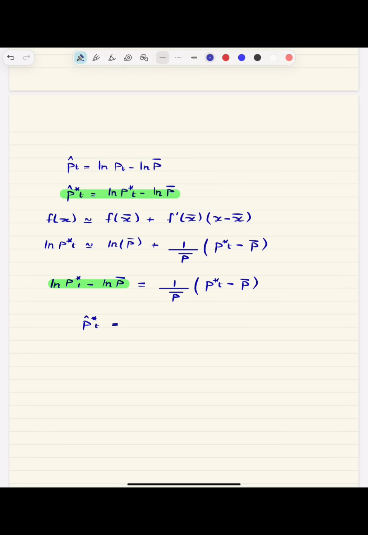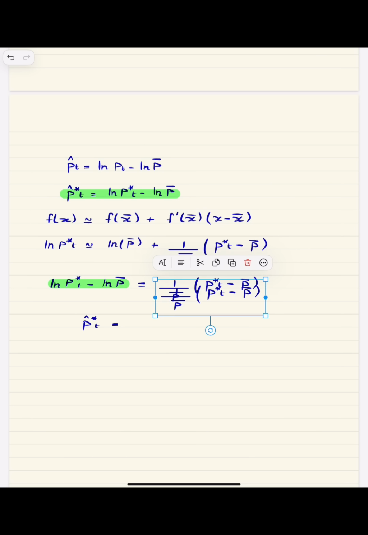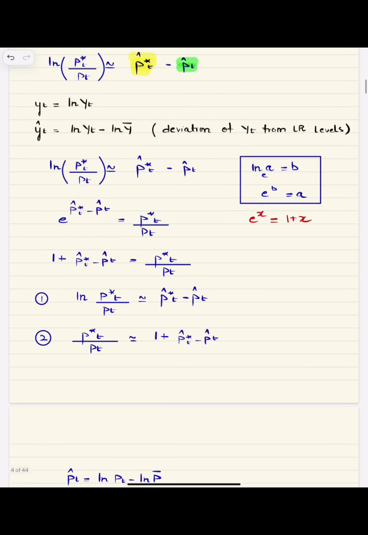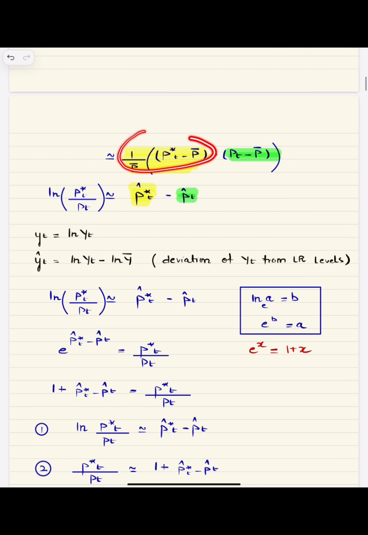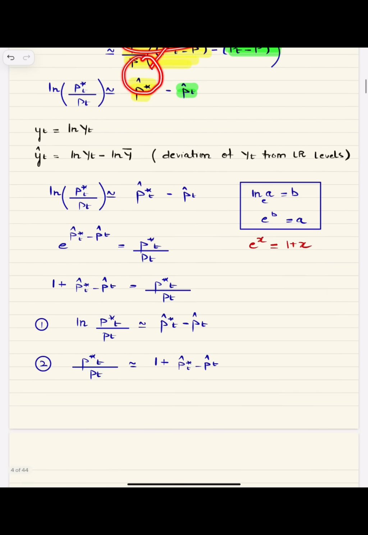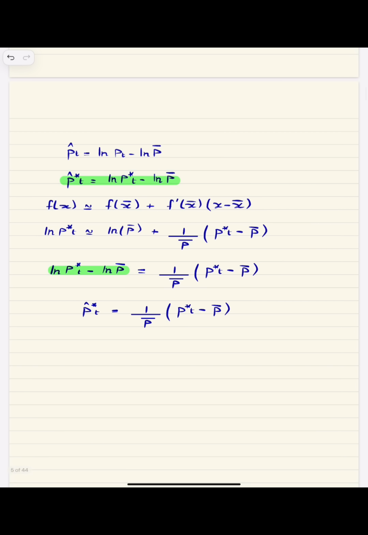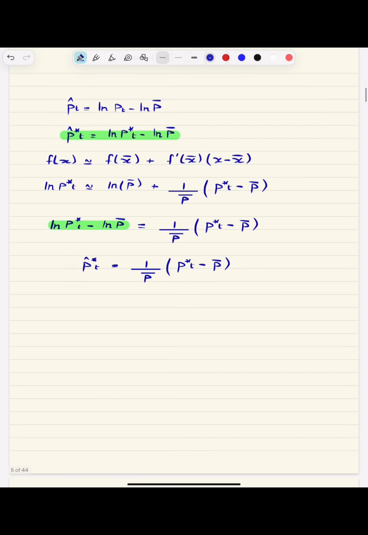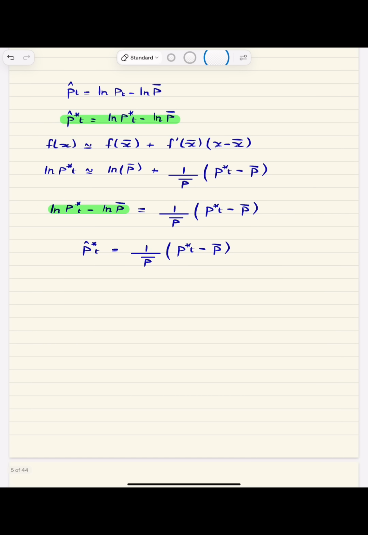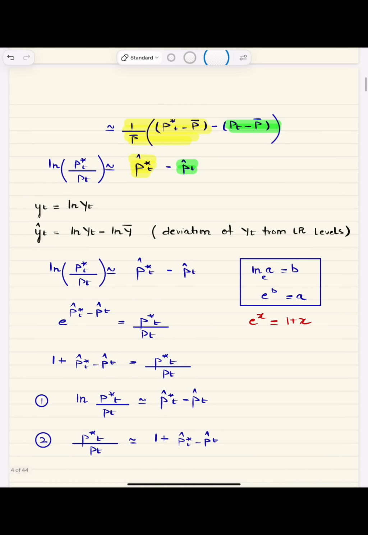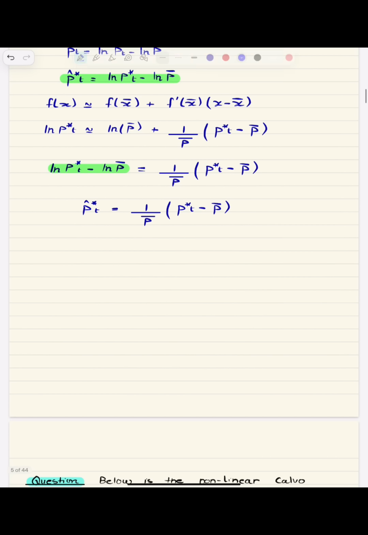So therefore this happens. Okay, the reason why I replace this with the deviation of price from its long run level is because I use the Taylor expansion once again. Similarly, on the right hand side, what was it? Okay, pt minus p bar over p bar.